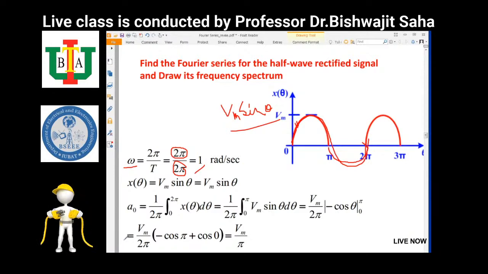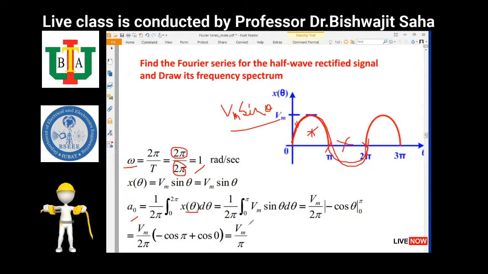All right. So A0 equals 1 over twice pi, integral from 0 to twice pi of x of theta d theta. Then x of theta is Bm sine theta. We have to break the limit, because the signal exists from 0 to pi, and from pi to 2 pi there is no signal.